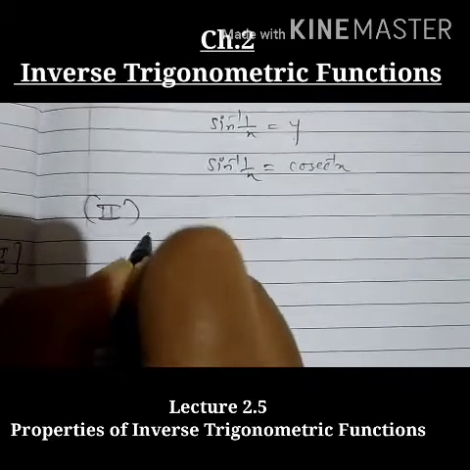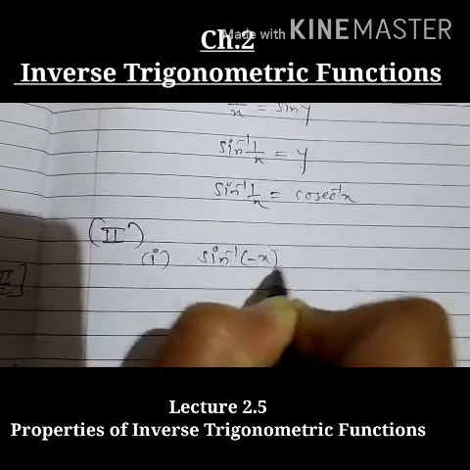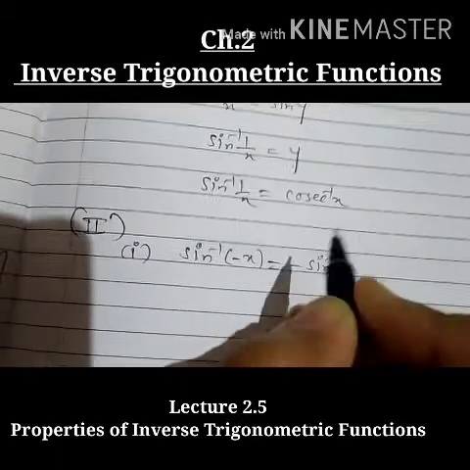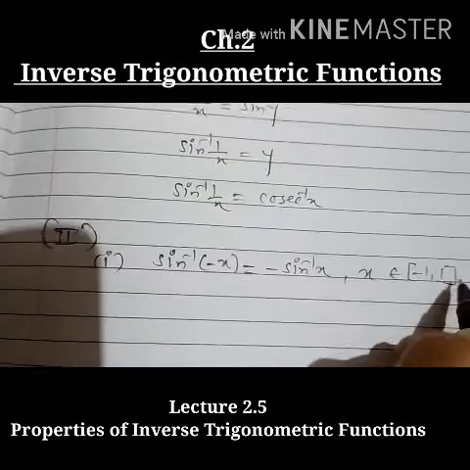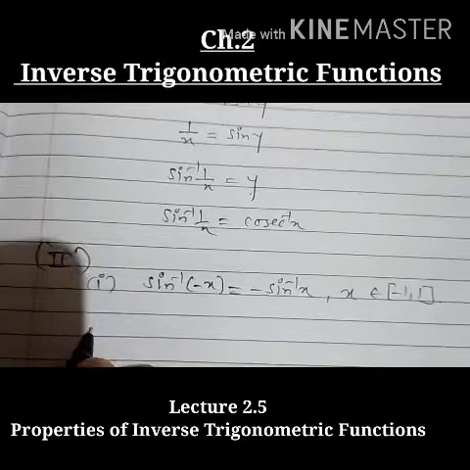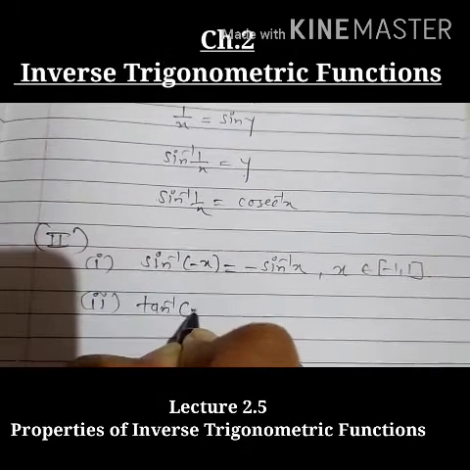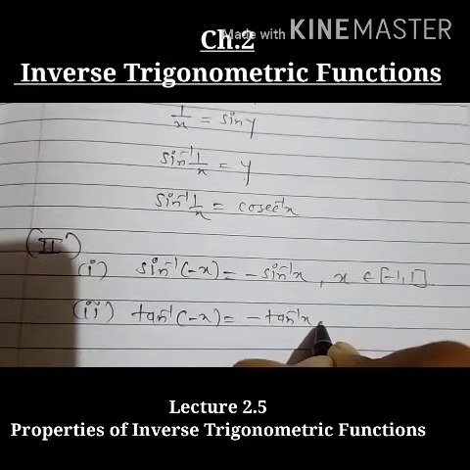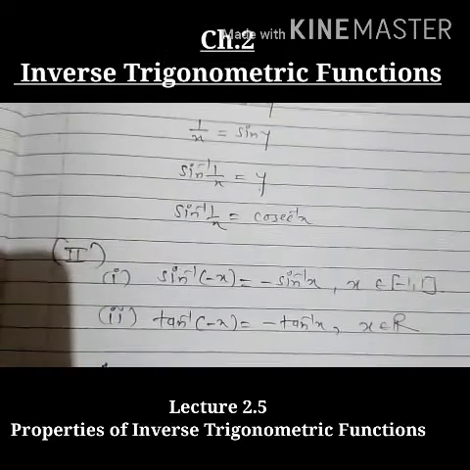First one, sine inverse of -x is equal to minus sine inverse x if your x belongs to the closed interval -1 to 1. Okay. Second one, tan inverse of minus x is equal to minus tan inverse of x, as your x belongs to the set of real numbers.